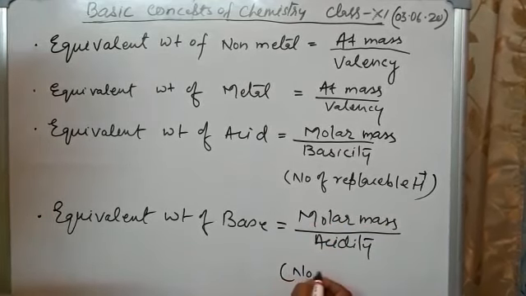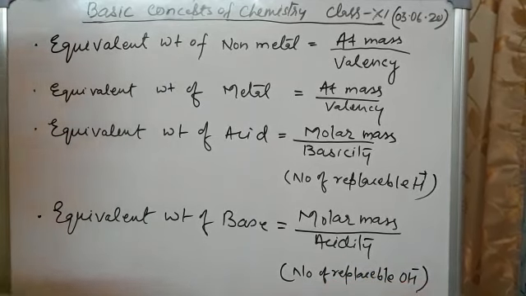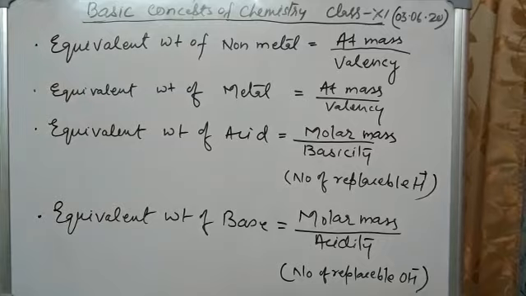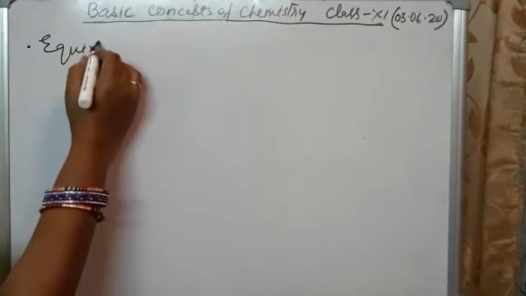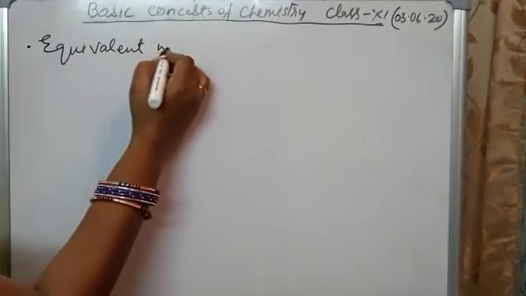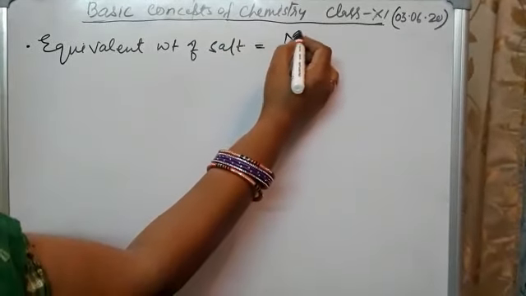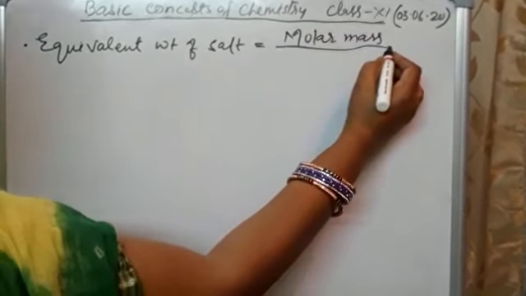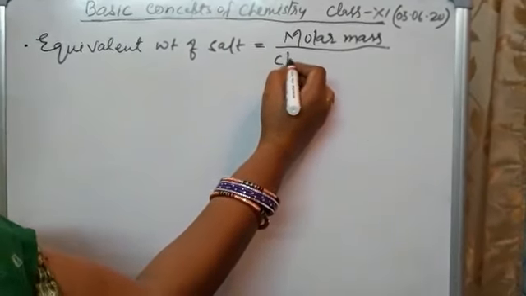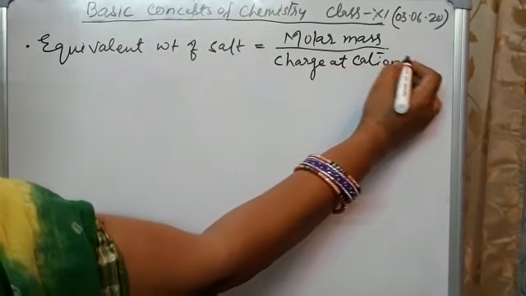Acidity is the number of replaceable OH ions. Equivalent weight of salt equals molar mass by charge on cation.